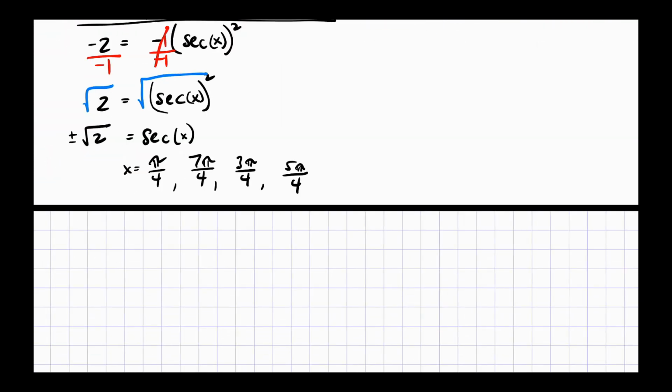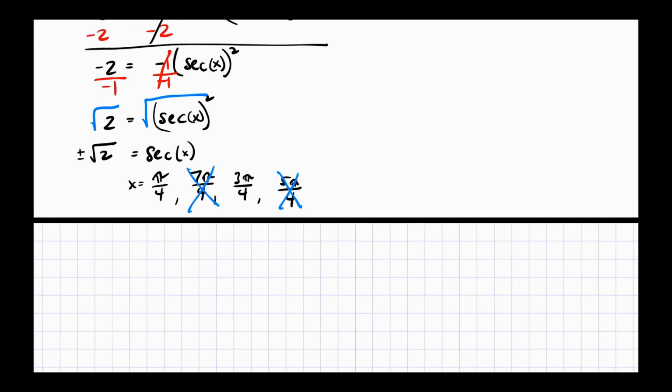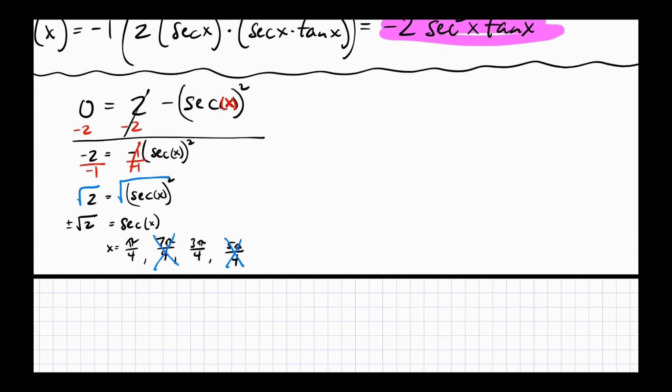So from 0 to pi, pi over 4 fits. Oops, and 3 pi over 4 fits. The other two are too big. Now I'm going to create a number line: pi over 4, 3 pi over 4.